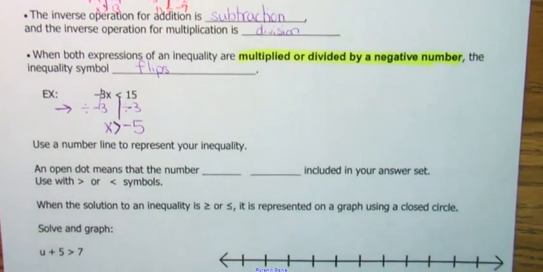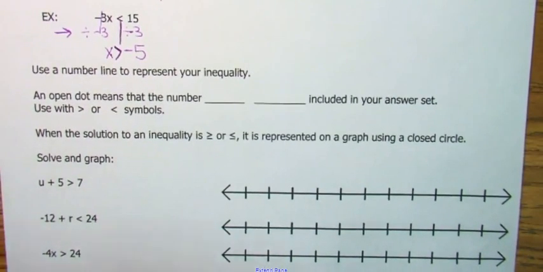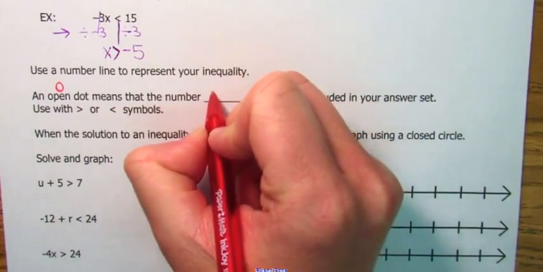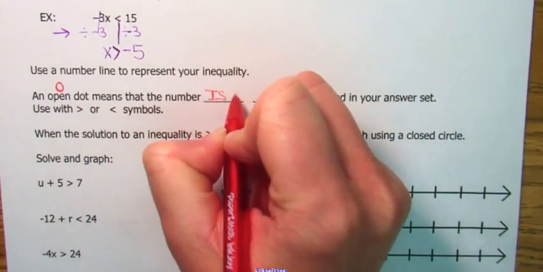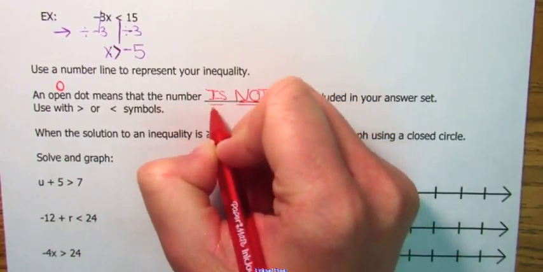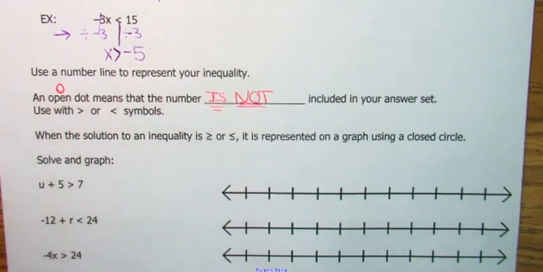It says, use a number line to represent your inequality. If you remember, an open dot, which is just like a circle, means that the number is not included in your answer. We use it with the symbols greater than or less than, because it doesn't include whatever number.